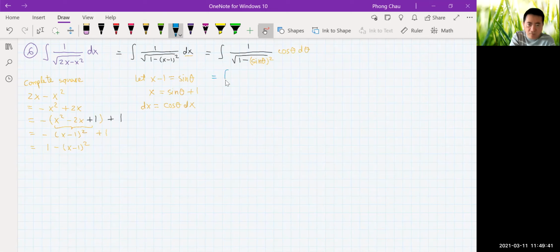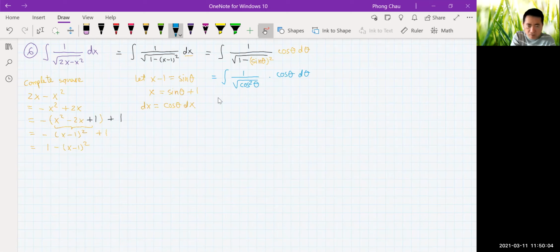In this world, everything in terms of theta, you have 1 minus sine square inside, and that is square root of cosine square times cosine theta. Right, so 1 minus sine square is cosine square.